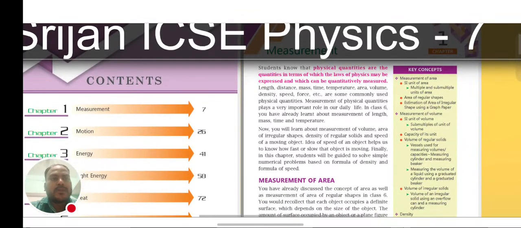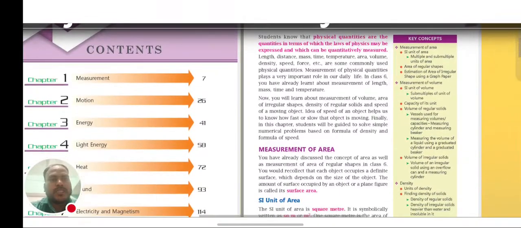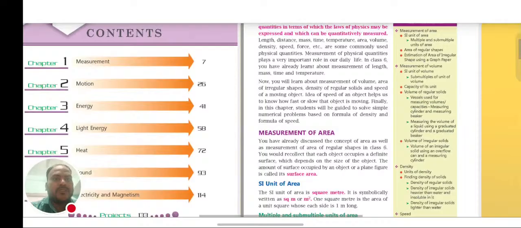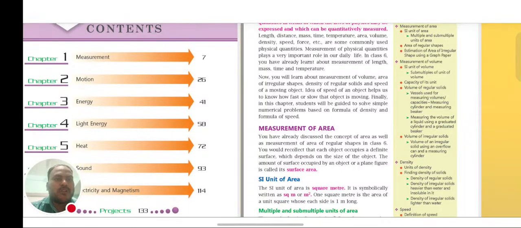Now the first topic we will discuss is measurement of area. How can we do the measurement of area? By using the formula, and we are able to measure the surface area, yes or not? Through physical quantities and standard units, we are able to measure the area.